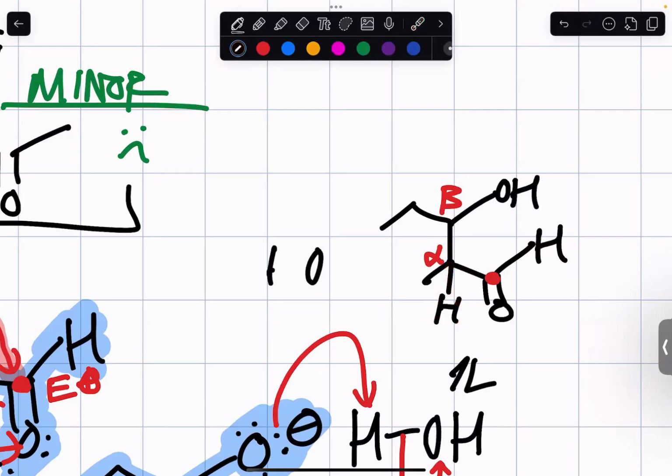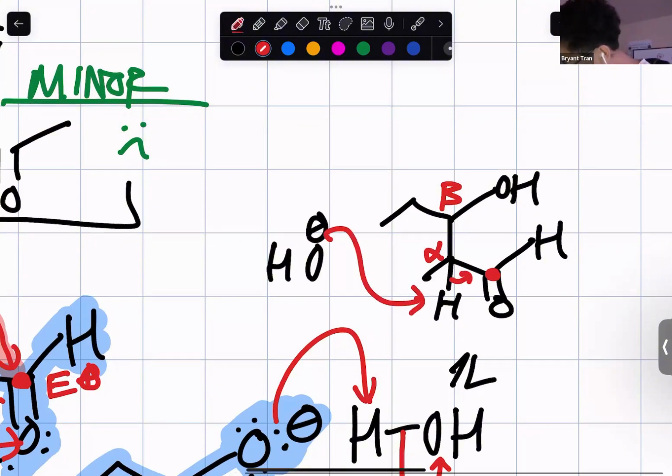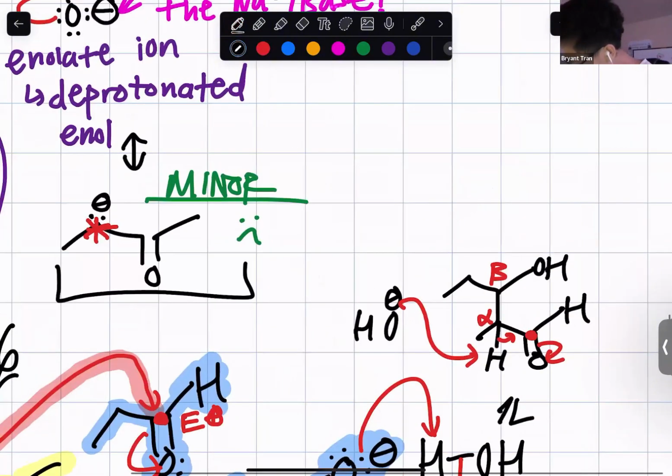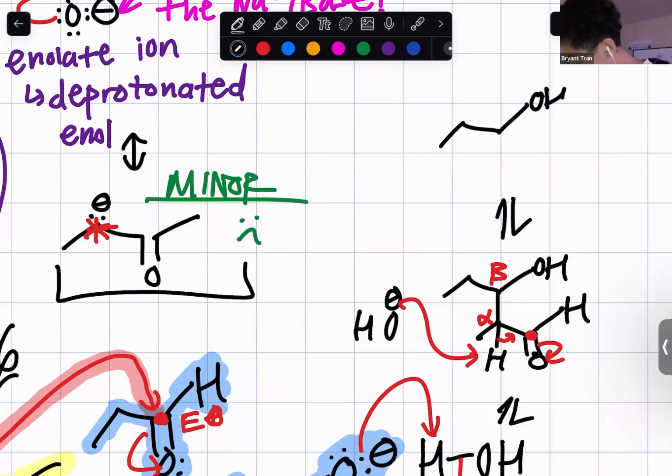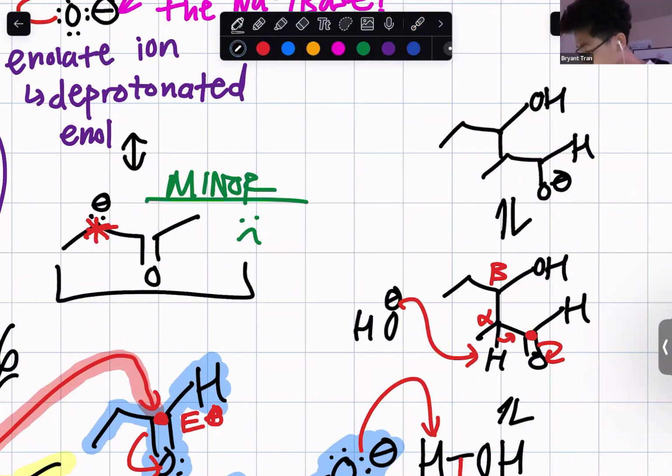An OH minus is going to float around, grab that alpha hydrogen, and form an enolate ion. Wait, this right here is still reversible actually. We're still reversible here. Boom, O minus H, because this enolate ion can actually go back to the carbonyl form, right there, like that.